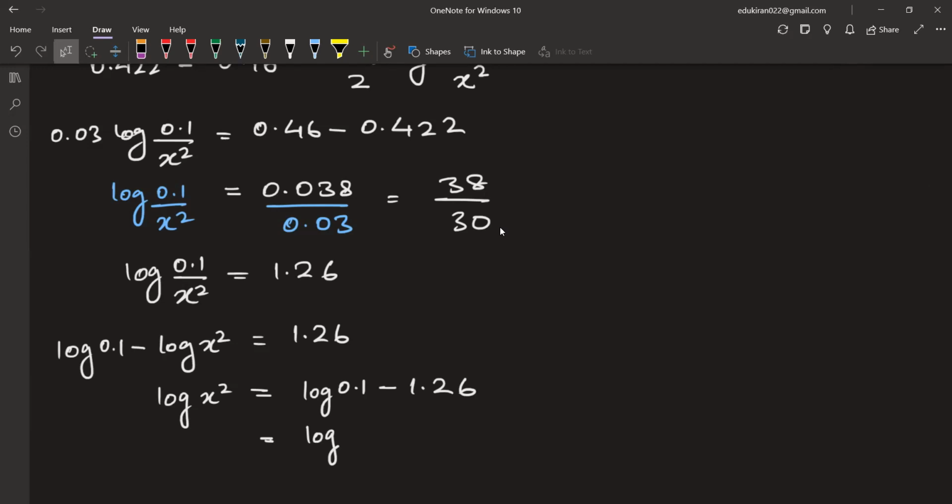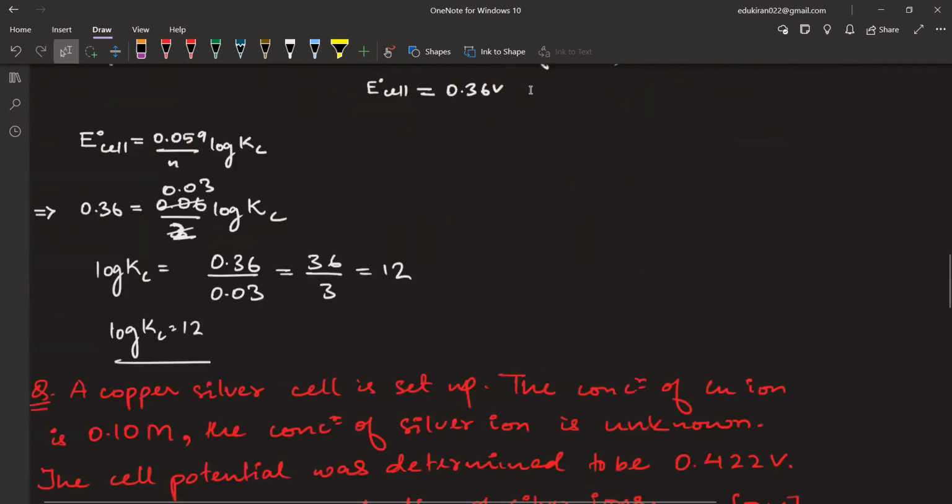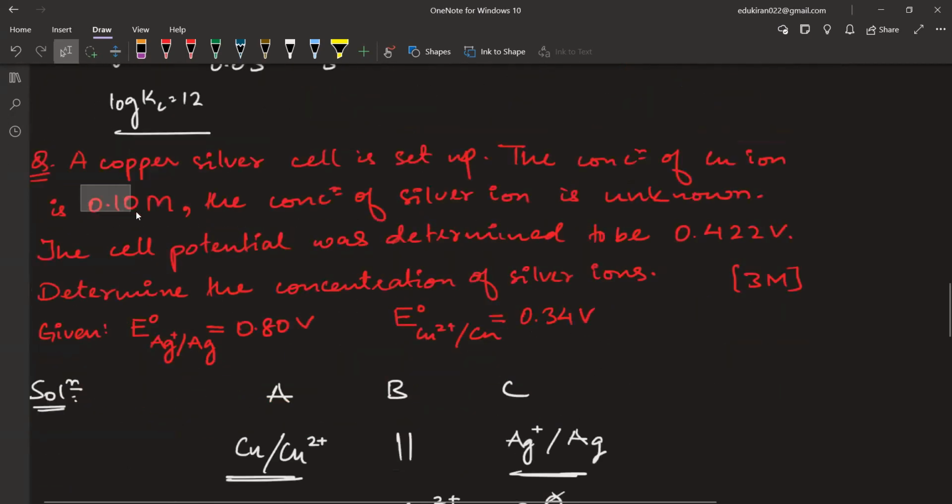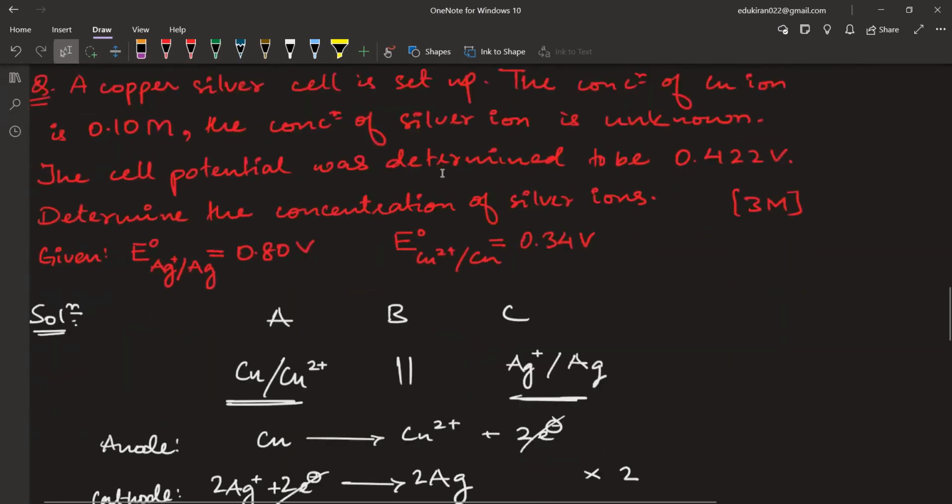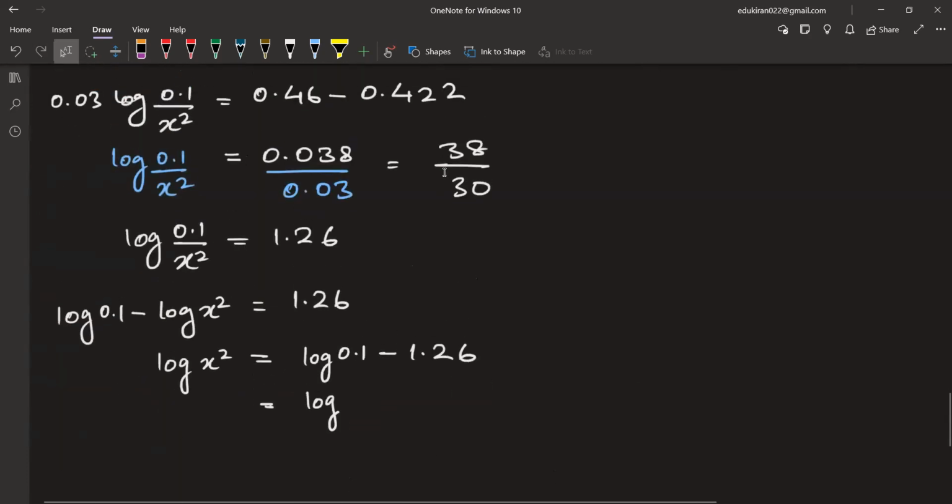So the concentration of Cu is 0.01 or 0.1? 0.1 है ना, देखिए, 0.1 ही हुआ है ना. Okay. So 0.1 can be written as 10 to the power minus 1, minus 1.26.